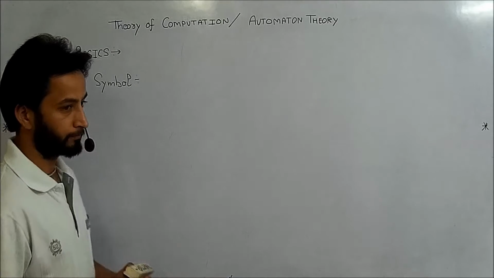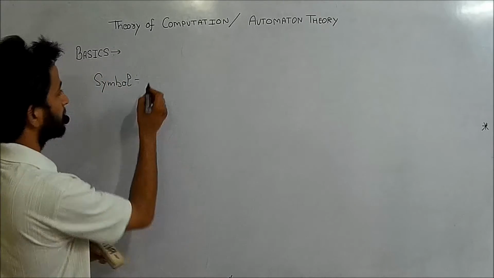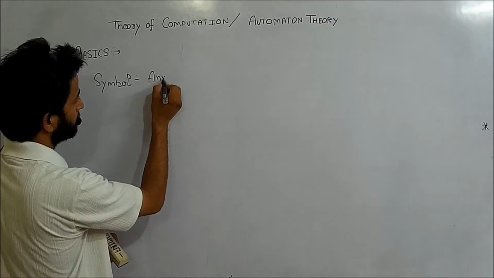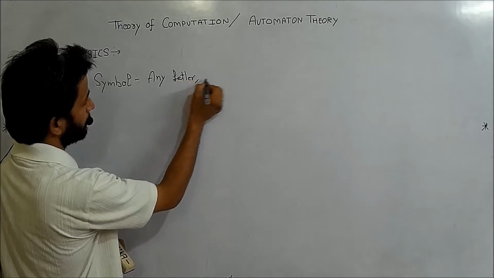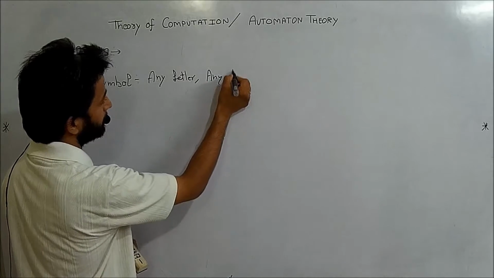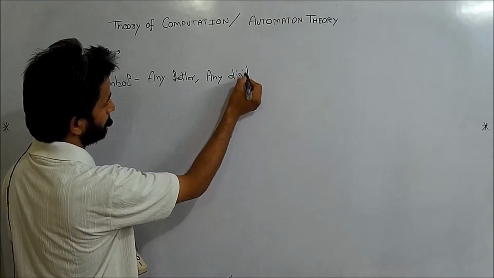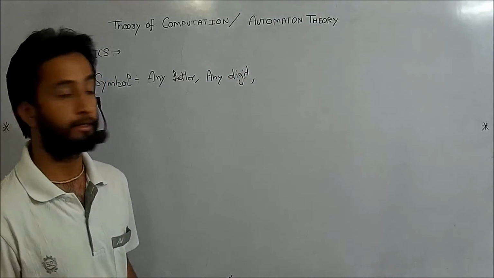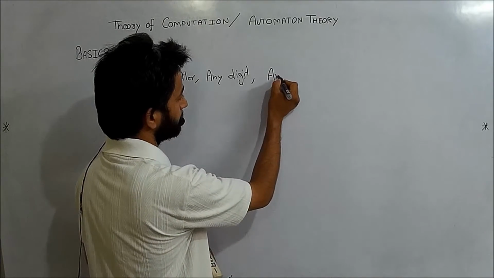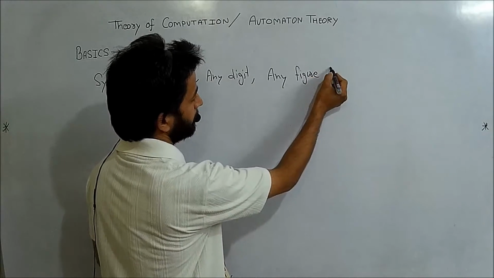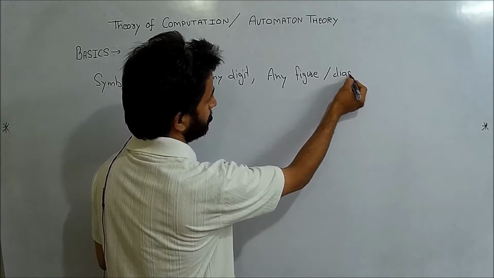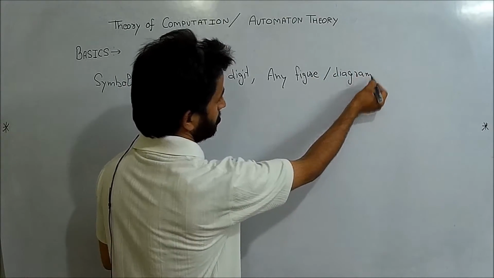So what is a symbol? A symbol is any letter, or any digit, or you can say any figure or any diagram.